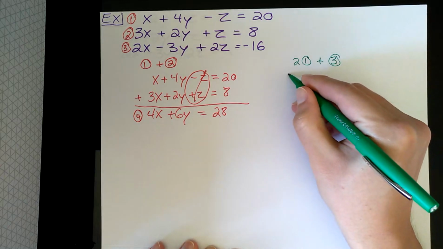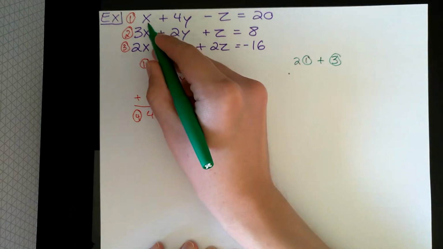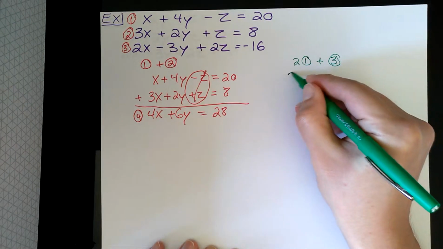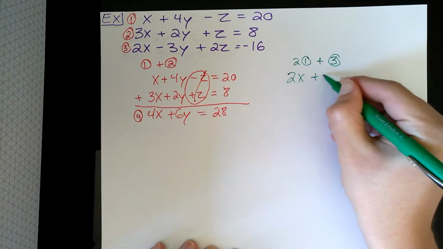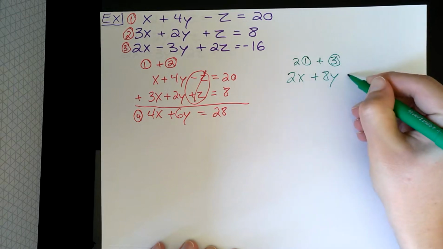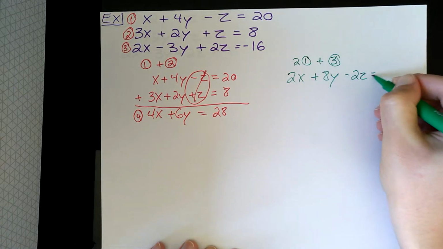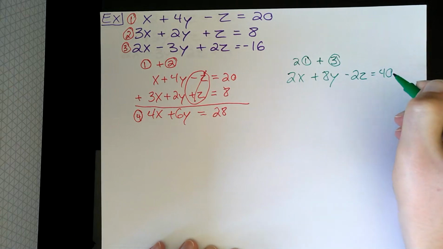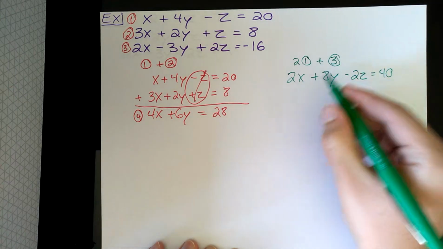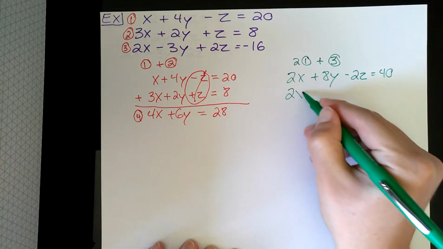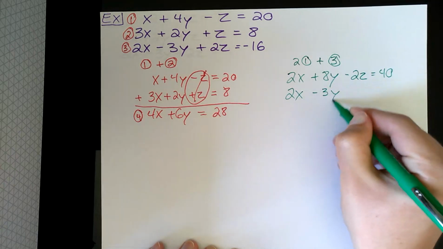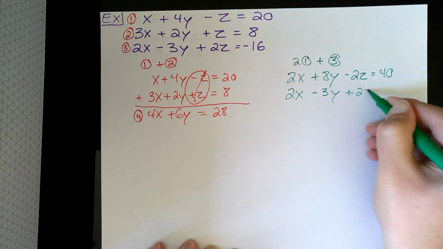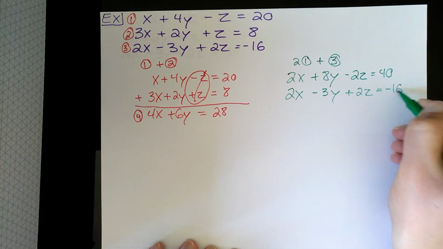gives us 2 times equation 1 will be 2x plus 8y minus 2z equals 40. And equation 3, we can just copy that down. 2x minus 3y plus 2z equals negative 16.